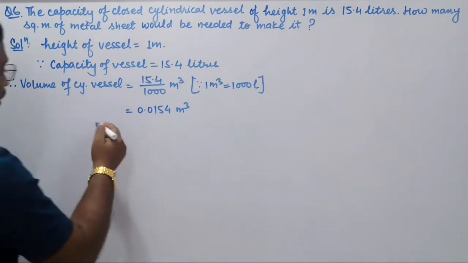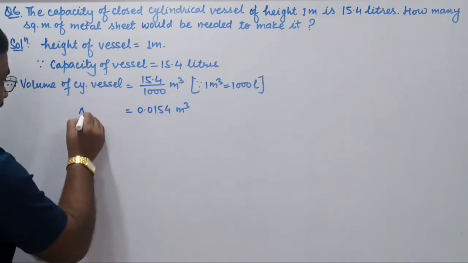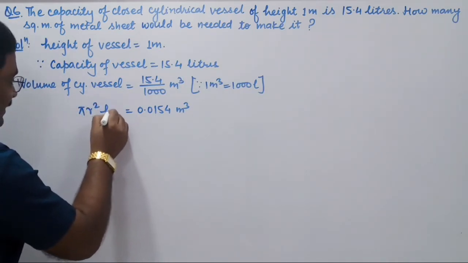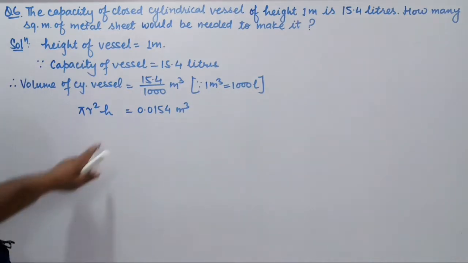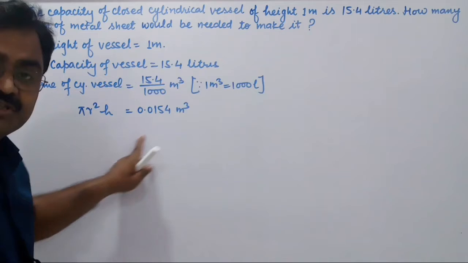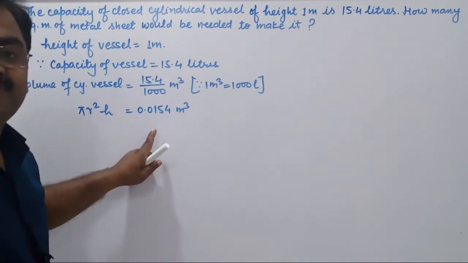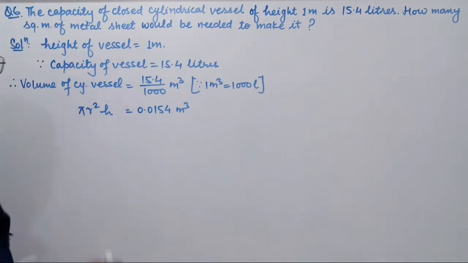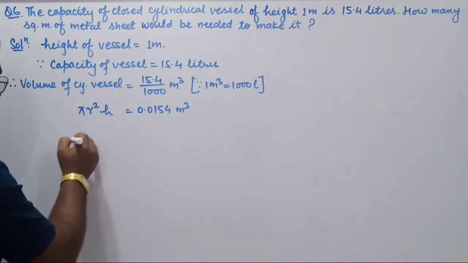Therefore, this volume becomes pi r square h, in which the height of the vessel is given as 1 meter. From this equation, you can find the value of the radius of the base. So let's substitute the values.